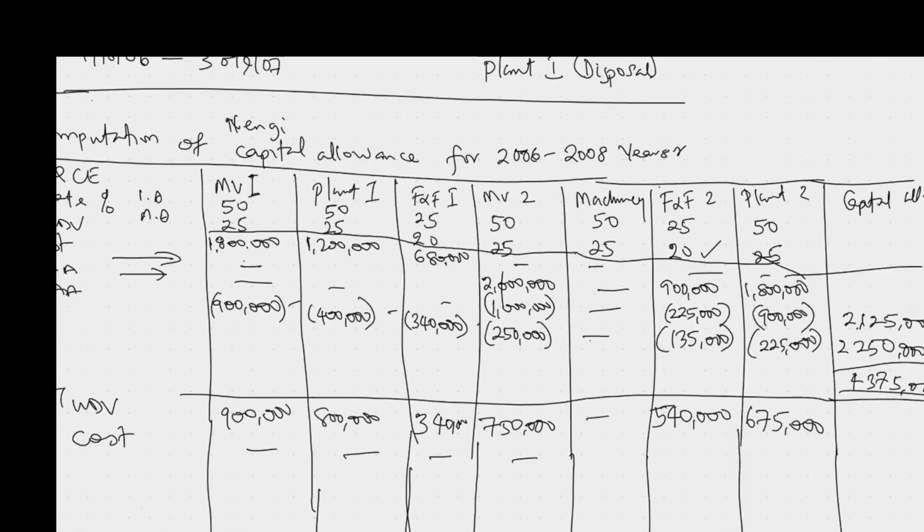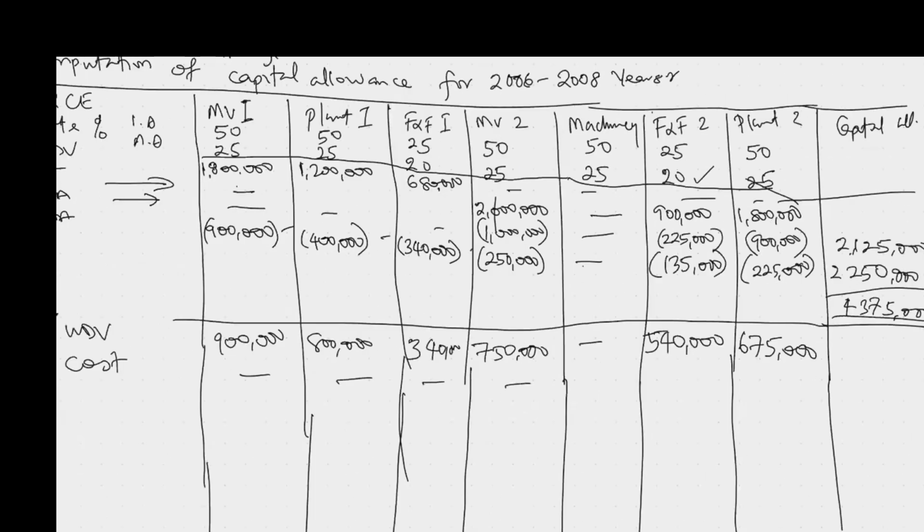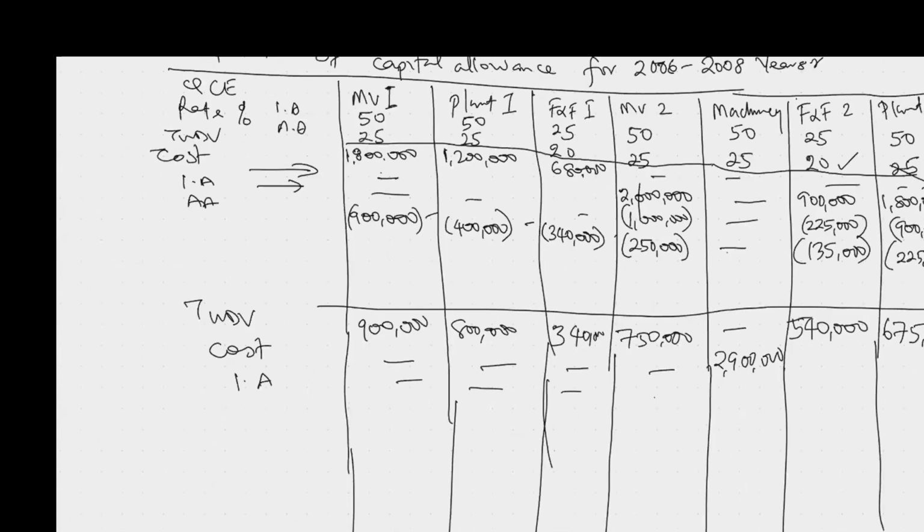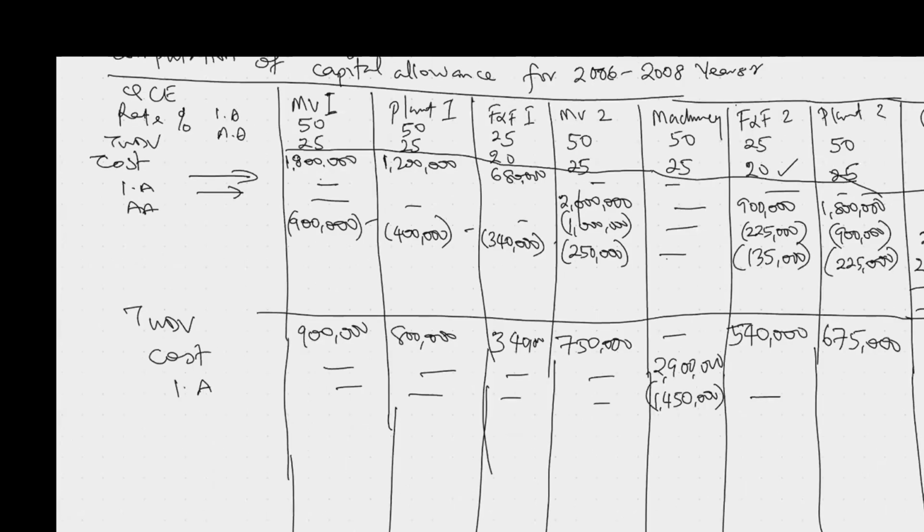So on the machinery, we need to calculate the initial allowance. 50% of that, what will it be? 1,450. So that is the only one we have for that year. 1,450,000 that we acquired.